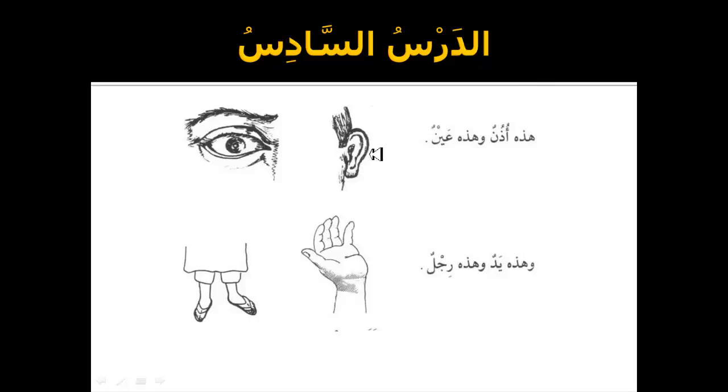So here we have udunun, hadihi udunun. This is an ear, right? وَهَذِهِ عَيْنٌ, and this is an eye. And now you have two eyes and two ears, so therefore they're feminine. But there's no ta marbuta. That's again why you have to memorize these. Okay.